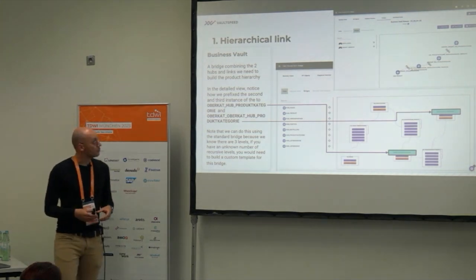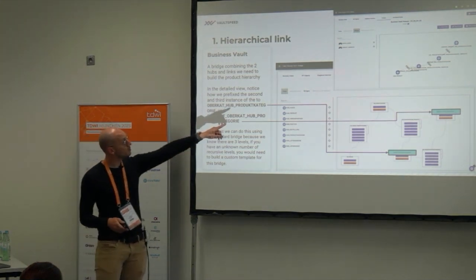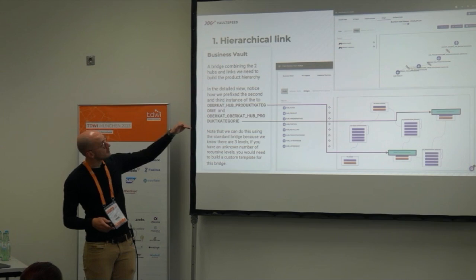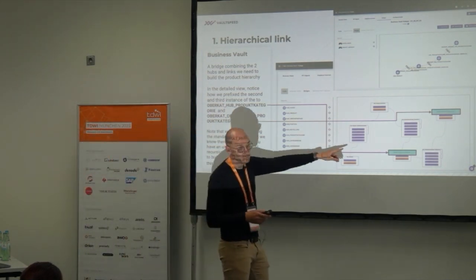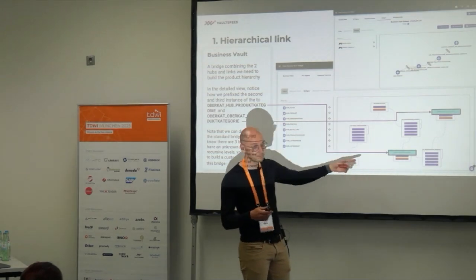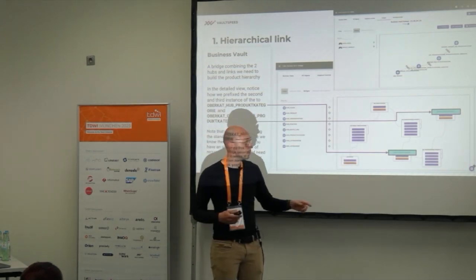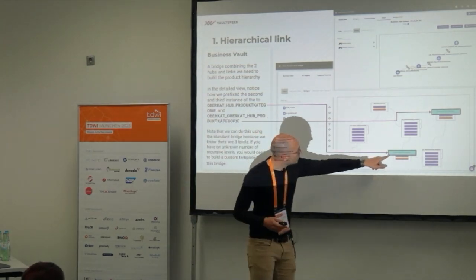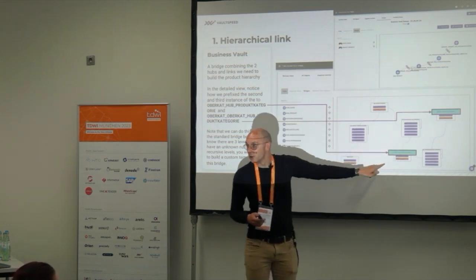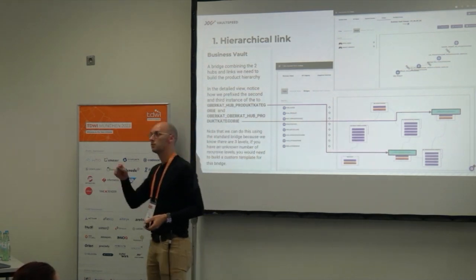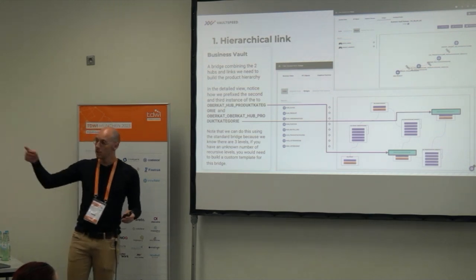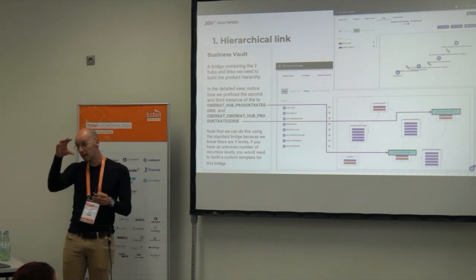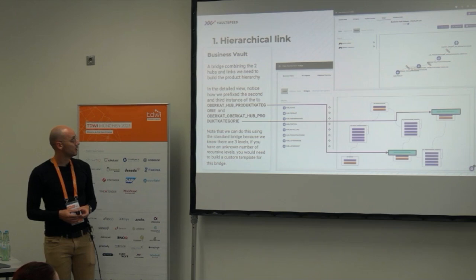And in VaultSpeed you can do that, so you just select your hubs, and then you can select adjacent hubs to that. And here, because you will have the same hub a couple of times, because the product category will occur multiple times, you can add a prefix to some of these hubs. So I added Oberkat, Oberkat, Oberkat to have a distinction between the levels in this product hierarchy.